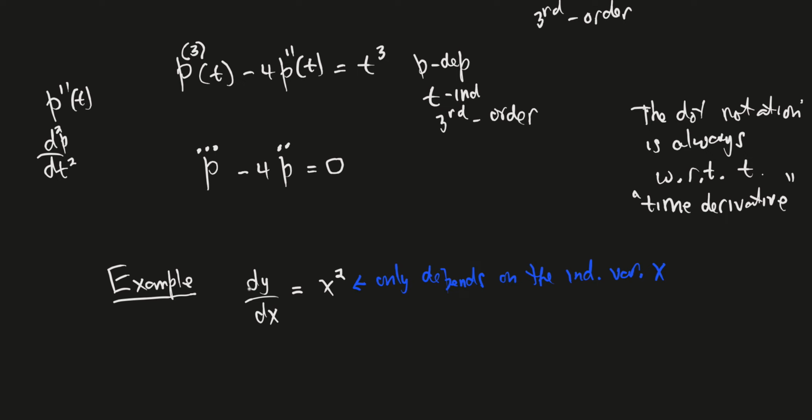So what we learn about in calculus is if I know the derivative and I want to figure out what the original function is, then I take an antiderivative, right? And I can take the antiderivative because I can integrate this function with respect to x.